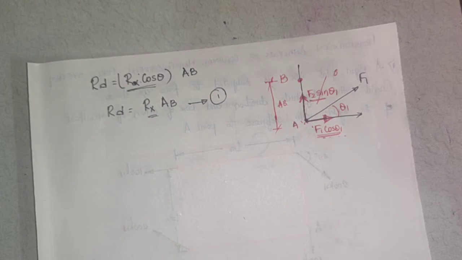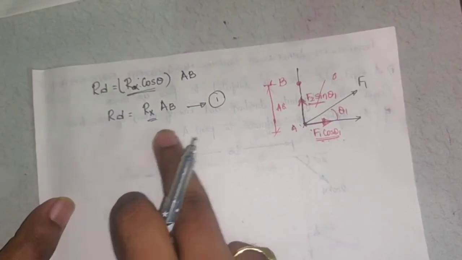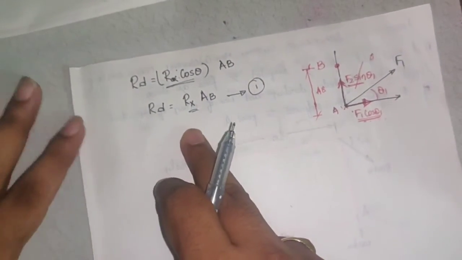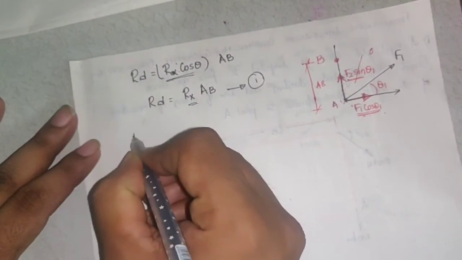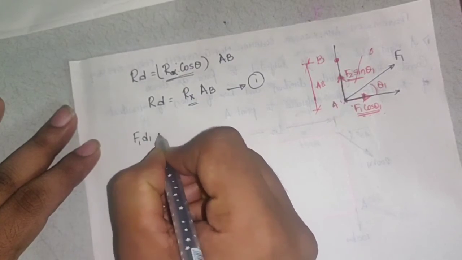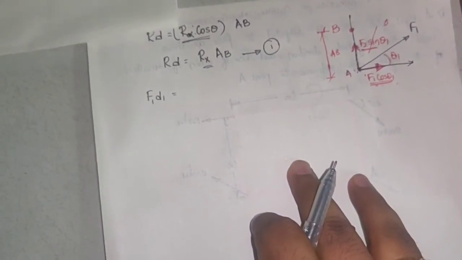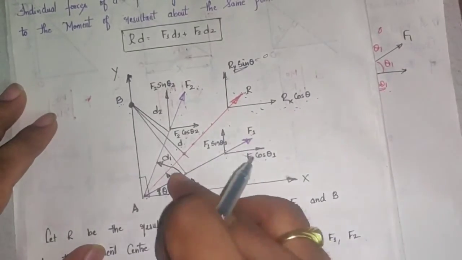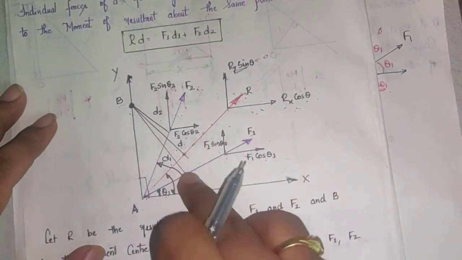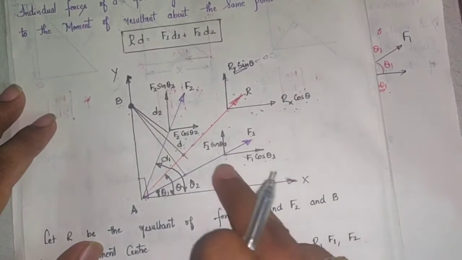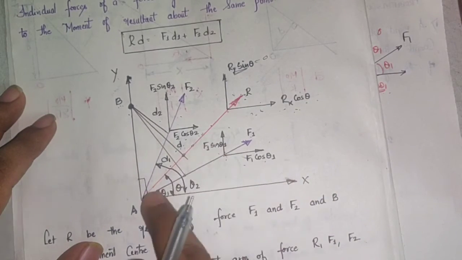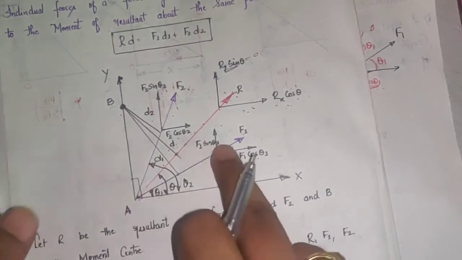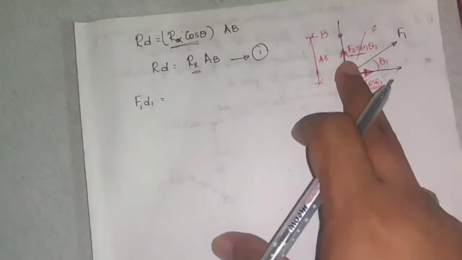Similarly, this is the moment by the resultant. On the other hand, if I take the moment of F1 into D1, what is this F1 into D1? Force F1, what is its perpendicular distance? F1 into perpendicular distance D1. Where should I place these two forces? I should place them at point A, such that F1 sin theta 1 is 0, which you can see here.